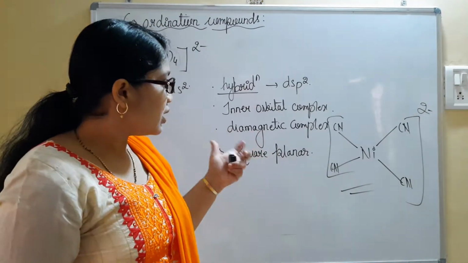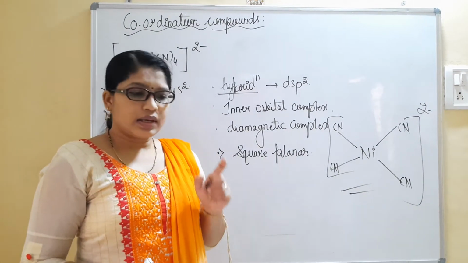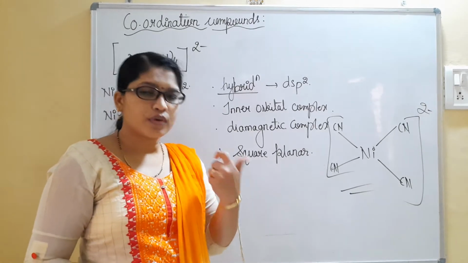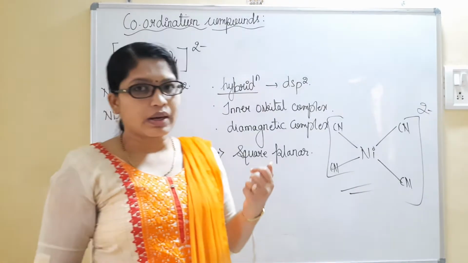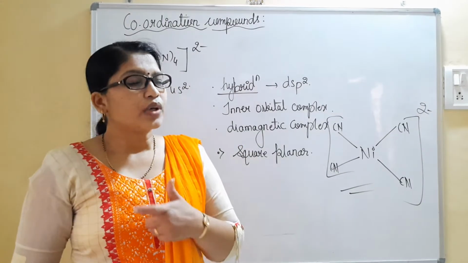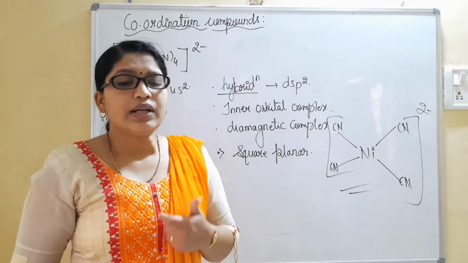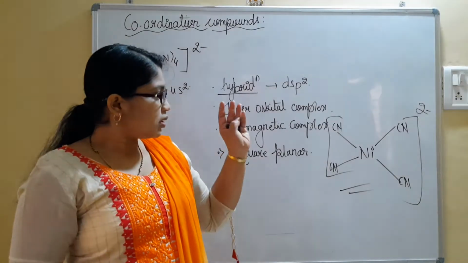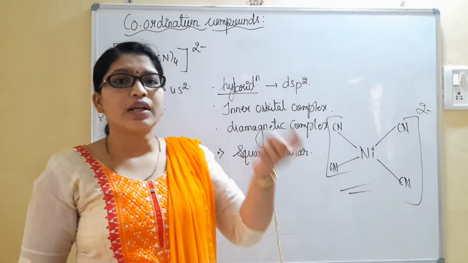The thing is, only when we confirm that the ligand approaching the central metal atom is strong field or weak field can we predict the magnetic property. If we don't have any idea regarding these ligands, then we couldn't predict the complex's magnetic property. And these transition metals show some kind of coloring property.